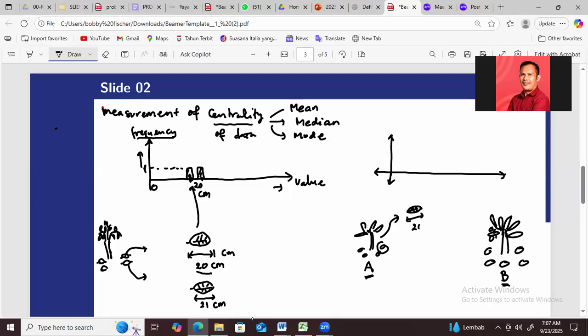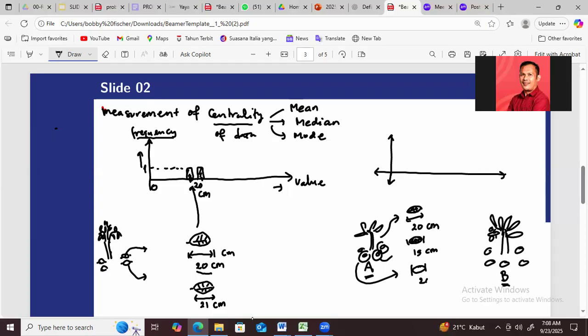Say that this is 20 centimeter, and then you take the second leaf. Then you have maybe 19 centimeter. You take this third leaf, and you measure the length.